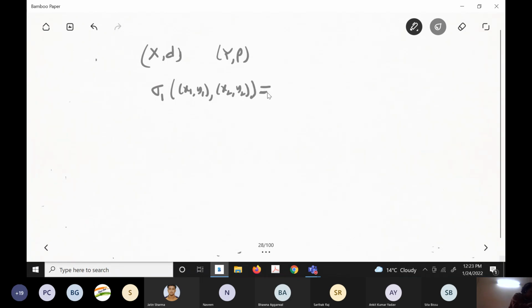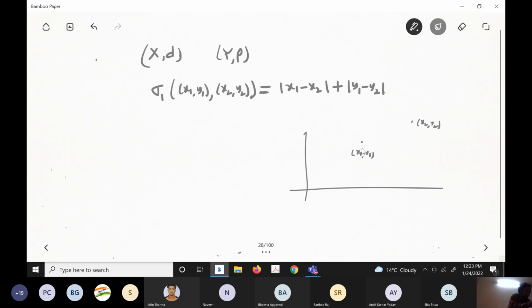Look here at what I am taking: the distance of this and this. So what you are actually doing is, suppose this is your (x1, y1) and this is (x2, y2).